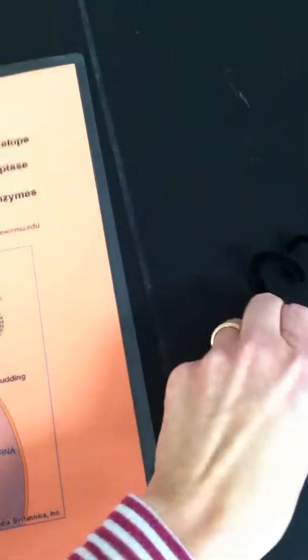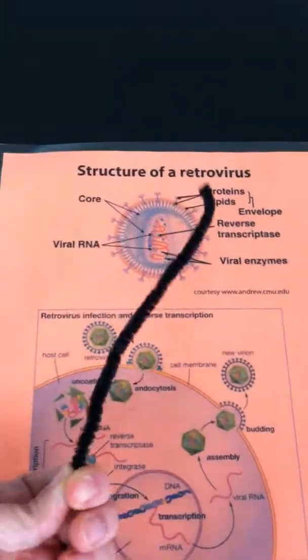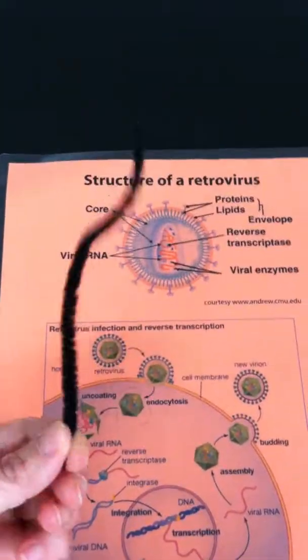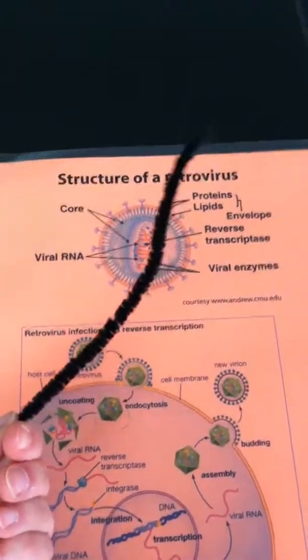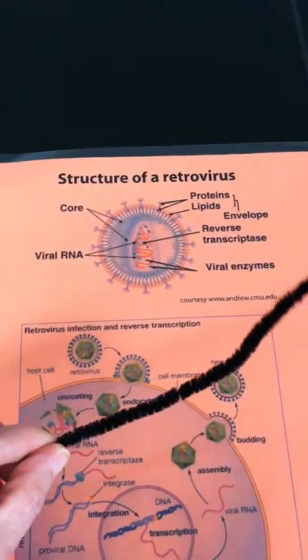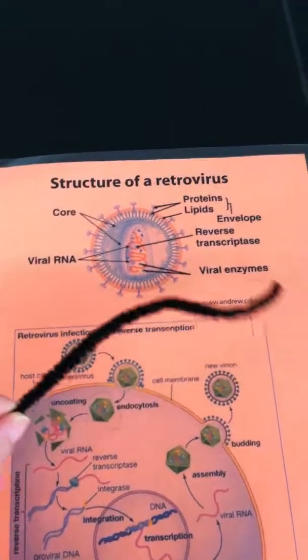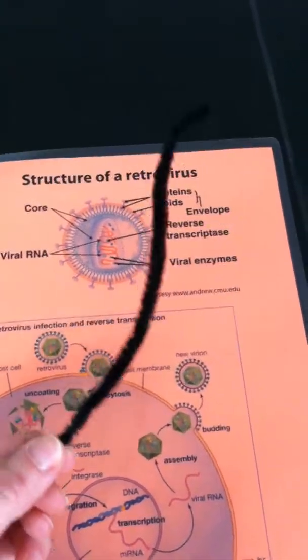More recently, we've started to become concerned about things like prions. If this pipe cleaner represented a prion, a prion is a type of protein. Proteins are biologic structures that are typically folded and perform lots of functions for the cell.